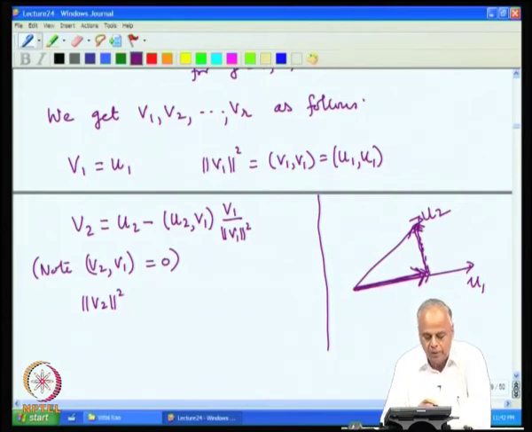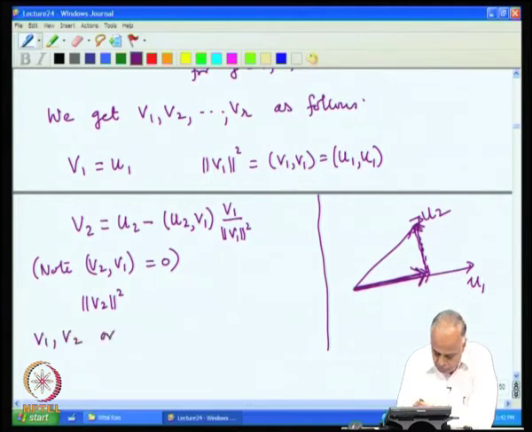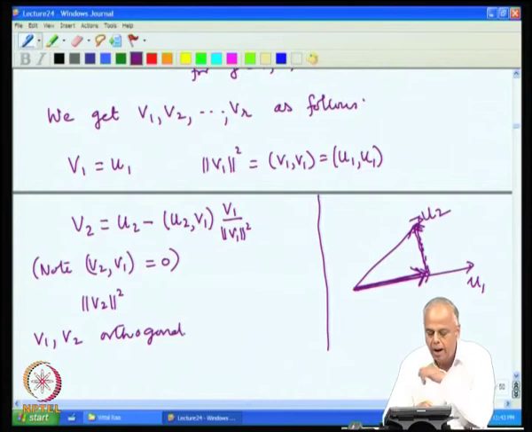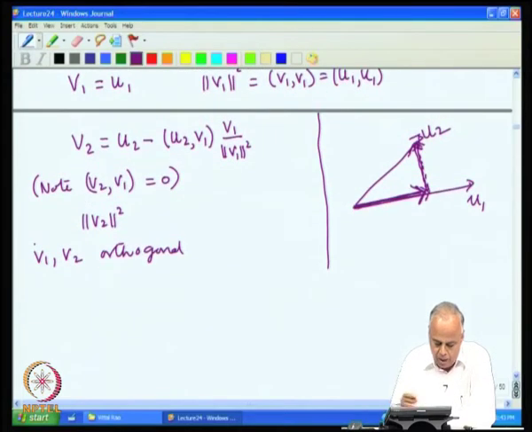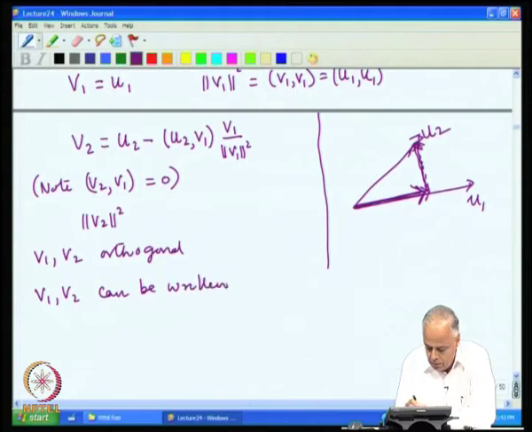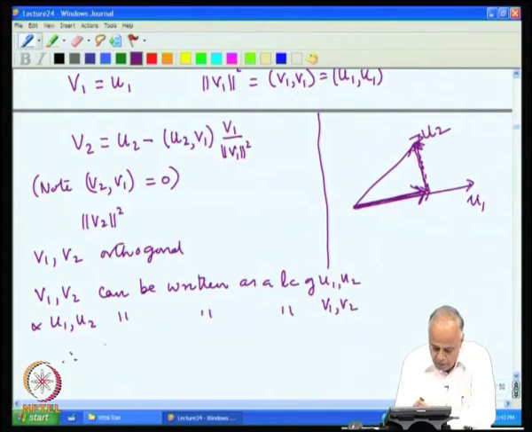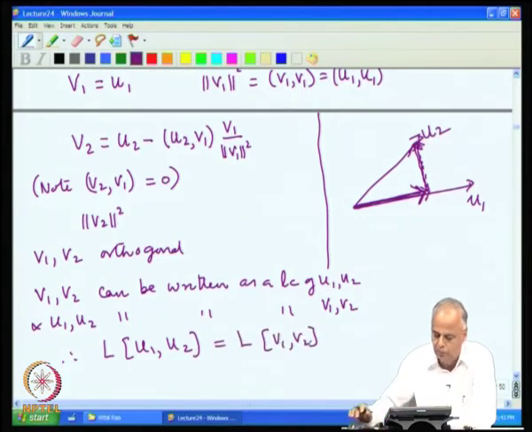So, now we have got v1 and v2 orthogonal, and we observe that anything that can be written as a linear combination of u1 and u2 can also be written as a linear combination of v1 and v2, because u1 can be written in terms of v1 and u2 can be written in terms of v1 and v2. So, v1, v2 can be written as a linear combination of u1, u2, and u1, u2 can be written as a linear combination of v1, v2. Therefore, L(u1, u2), the space spanned by u1, u2, is the same as the space spanned by v1, v2.